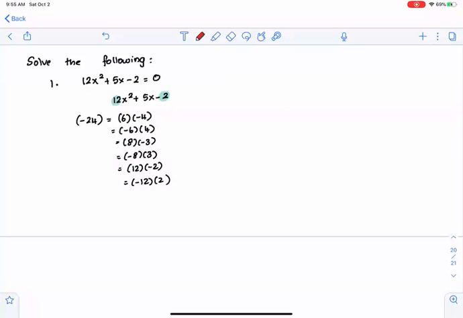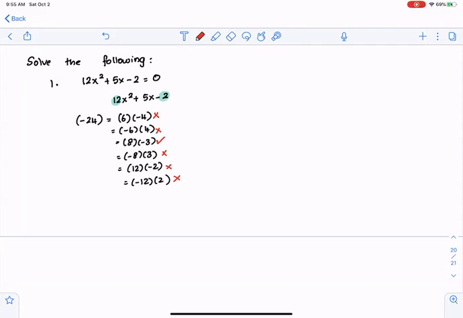If I add 6 and negative 4, I'm not going to get 5. If I subtract, I'm not going to get 5. Same applies for the other one. If I add 8 and negative 3, I'm going to get 5. So once that happens, you really don't have to check the rest.